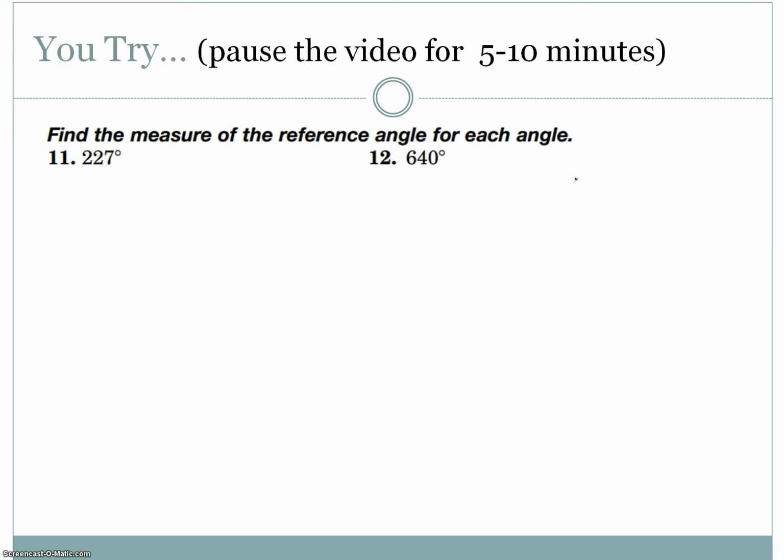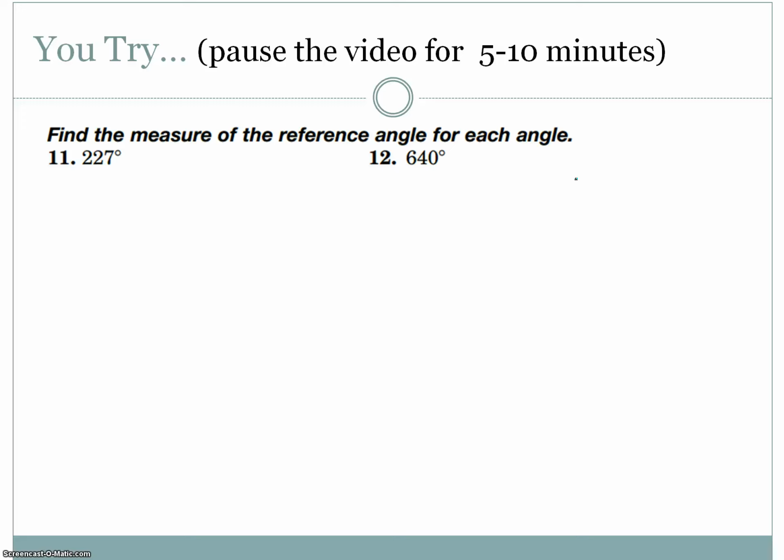Now looking at your same worksheet, I'd like you to take a look at problems 11 and 12. I think these are on the same side of the worksheet we've been working on, but they may be on the back, so you may want to flip your worksheet over and look at problems 11 and 12 on the side that says 5.1.